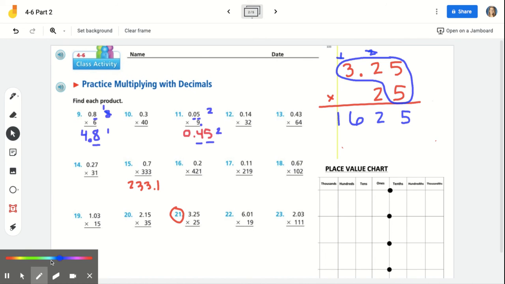Now for our next partial product, we're going to be solving what's 325 times 20. We're going to put a 0 in our 1's place since 20 ends in a 0. And then we're going to be multiplying out 325 times 2. 2 times 5 is 10. 2 times 2 plus 1 is 5. And then go ahead and continue on.